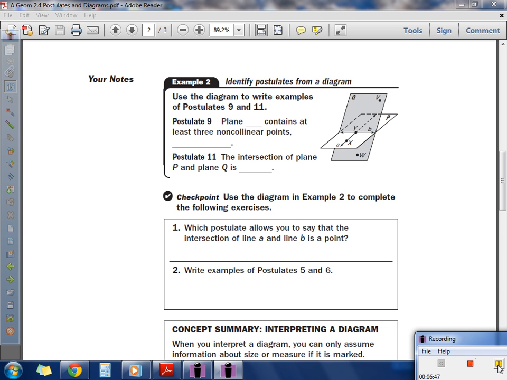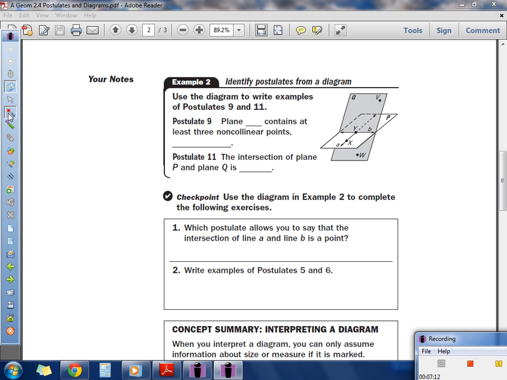On example 2, it says, use the diagram to write examples of postulate 9 and 10. It tells you what postulates to look at on your front page. So number 9, what does postulate number 9 say? A plane contains at least 3 non-collinear points. So give me 3 non-collinear points on a plane.